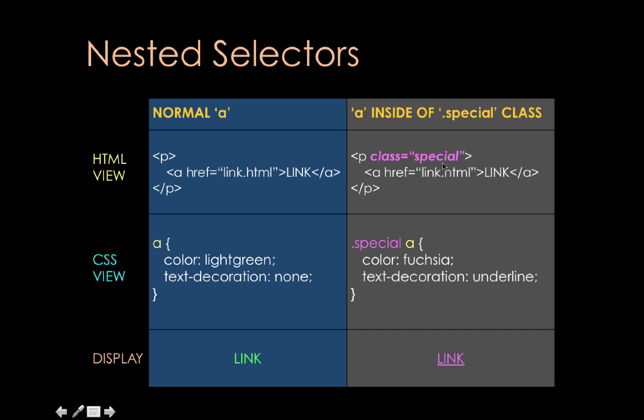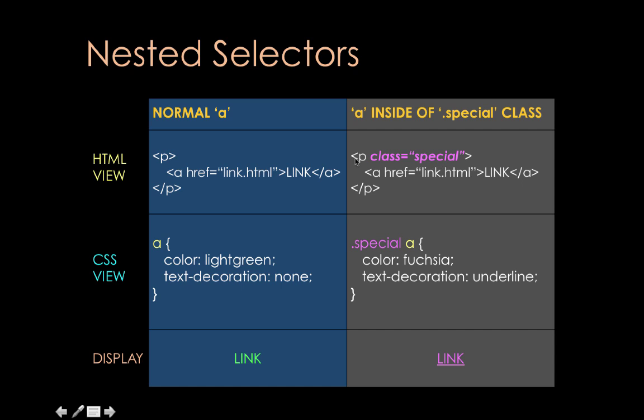All right, same is true for the special class, except that now you see that the ancestor of A, which is P, in fact, in this case, A is the child and P is the parent, but it also works with ancestors and descendants where you have multiply nested things. But let's say that you've got just an A tag right now inside of a P tag, and the P tag has a class of special on it.